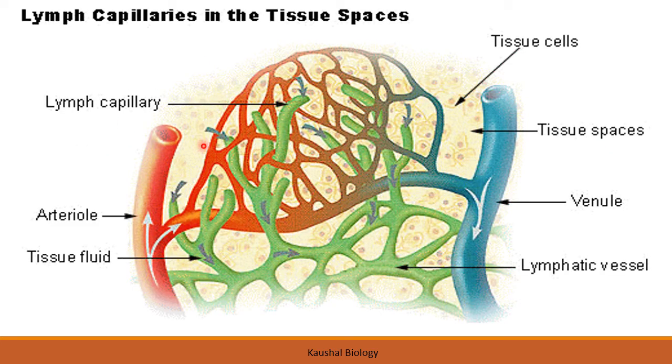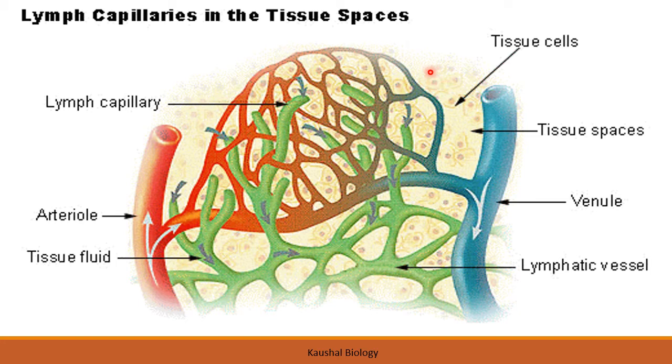Here is the lymph capillary which is there in the tissue space. Now see, this is the arteriole which carries the oxygenated blood. Now this arteriole converts into the venules and then vein, right? Now this is the blood capillary which is present in the tissue.